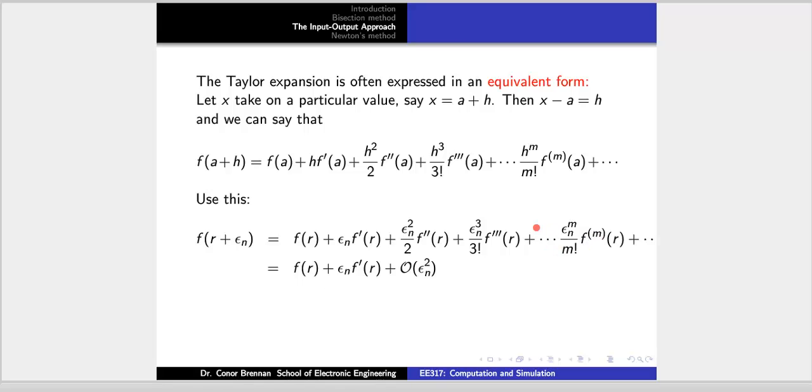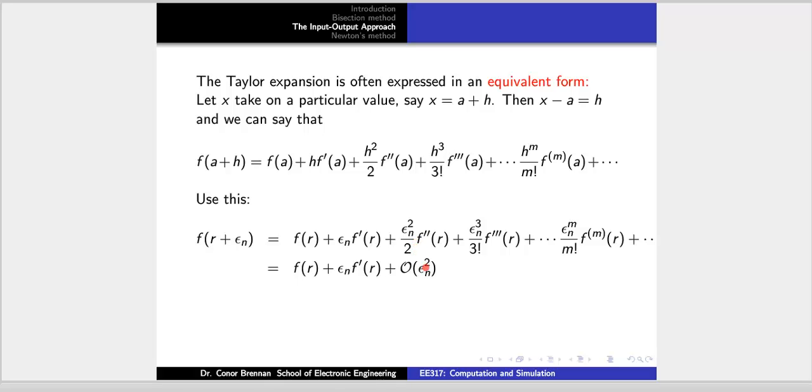Because all of these terms are really small, and we assume that this is the most important one of them, because the terms get smaller as you go to the right. So here's an infinite number of terms, and the most important one is some constant multiplied by epsilon n squared.